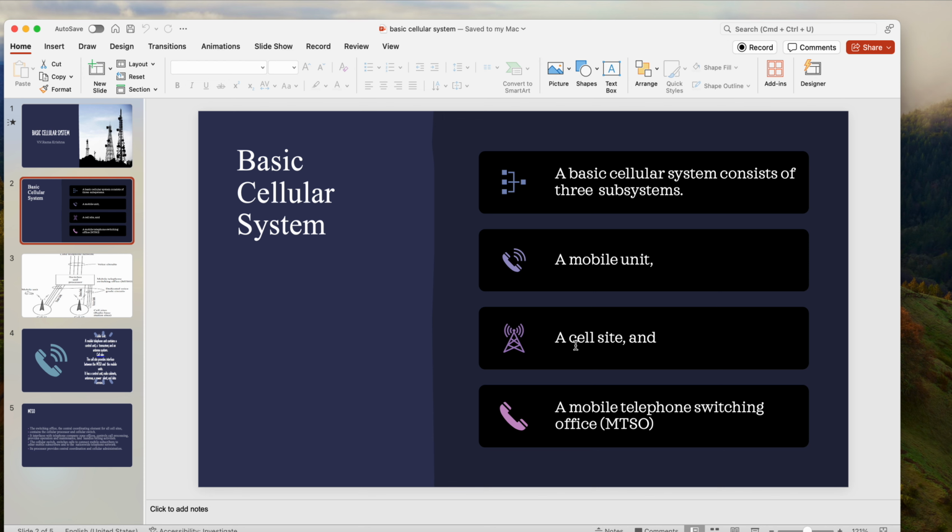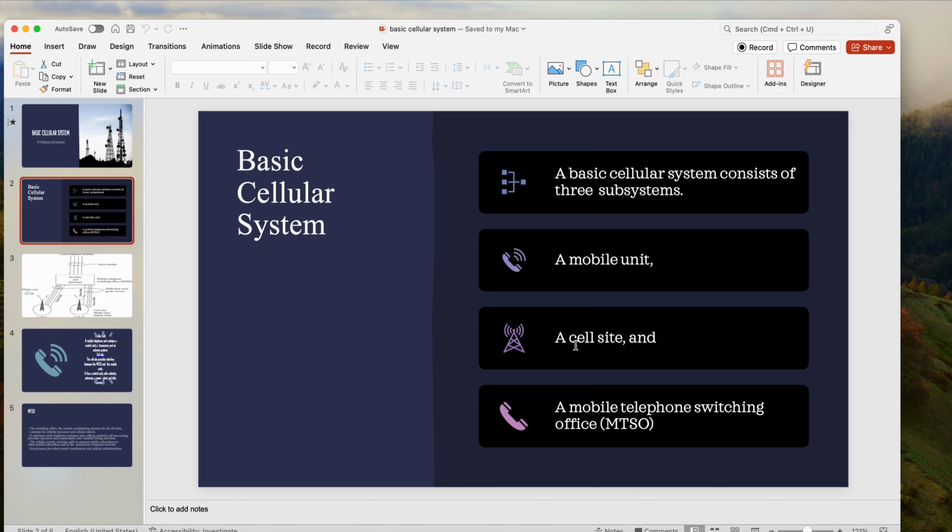And what should this cell site consist of? A cell site should consist of an antenna system and a power subsystem in order to give power to the antenna subsystem. And for controlling that particular cell site, we need some control subsystem, because the antennas need to be checked always, and the power system needs to be checked.